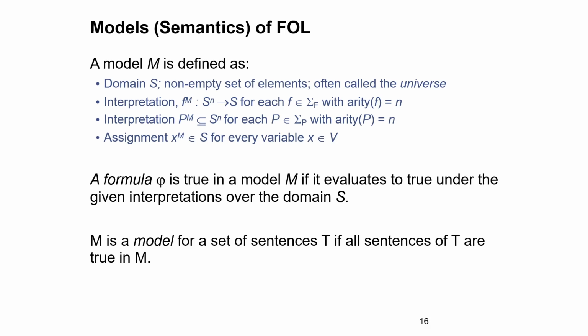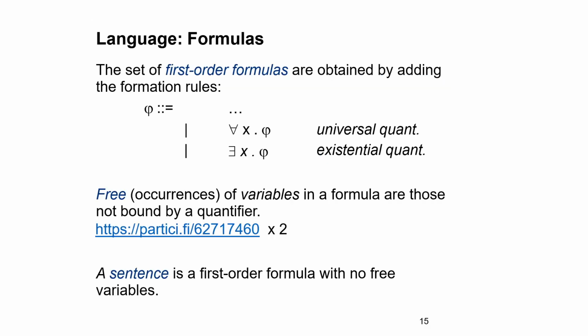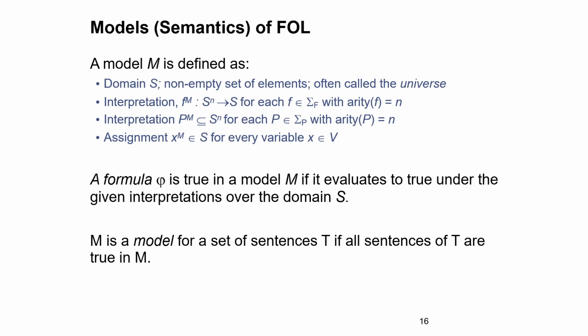So you can also define a model for a set of sentences, which were those quantifier free. No, not quantifier free. These were the ones without free variables. So if everything is completely determined in terms of the variables, then our model can be checked against the different sentences.